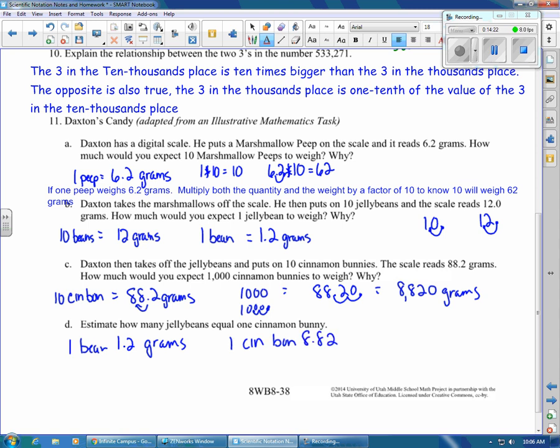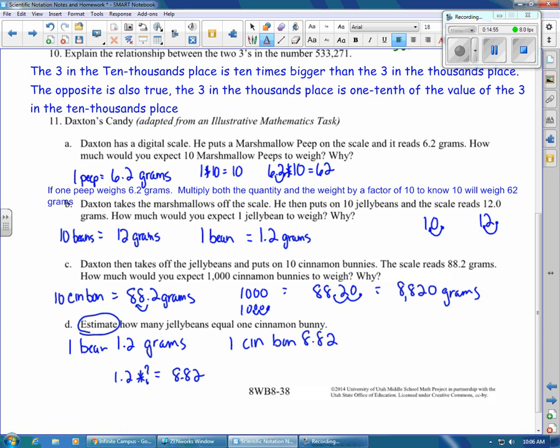So it's saying estimate, so I don't have to grab my calculator and do an exact, but I want to know how many beans are going to equal 1 cinnamon bunny. So how many times am I going to have 1.2 multiplied to equal 8.82? So kind of like multiplied by what? I guess I should put that like that.